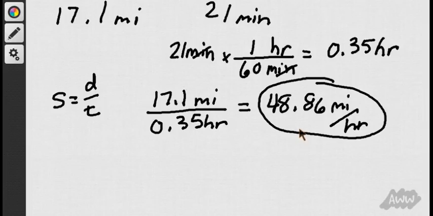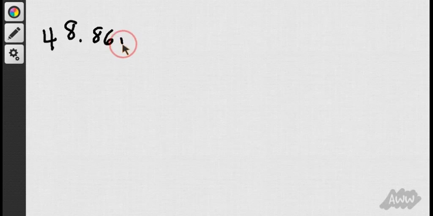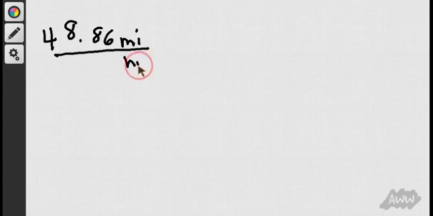Now, it then asks you to convert miles per hour into meters per second. So that we can do real quick. We need to start off with what's given, which is 48.86 miles per hour.